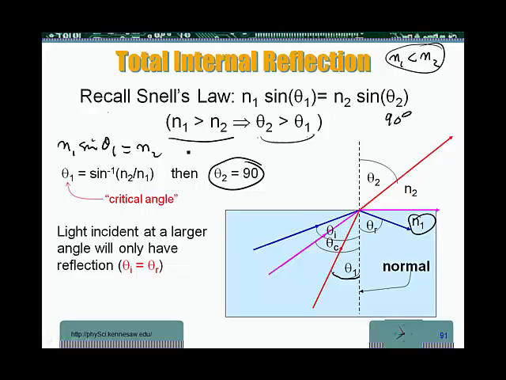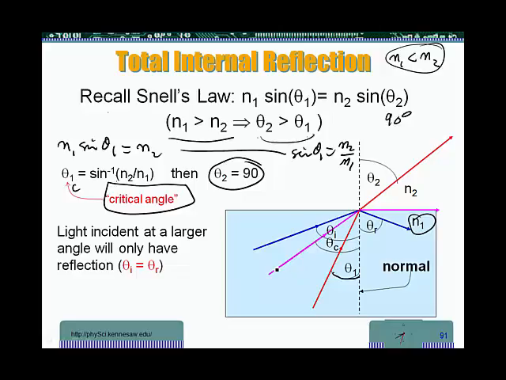So that means sine of theta 1 is equal to n2 over n1, and solving for theta 1, it is equal to sine minus 1 of n2 over n1. That particular angle, we call it critical angle, and usually we use the C label for it. So the critical angle is the angle of incidence for which the angle of refraction is 90 degrees. Beyond that critical angle, no light is going to emerge into the second medium.